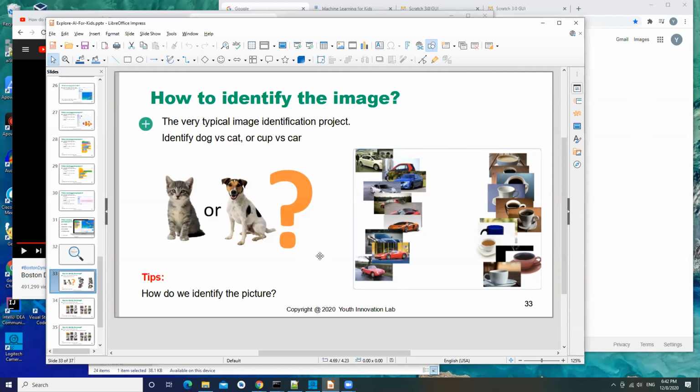So it's really something very fundamental. It's not really some magic for us because we humans were trained to identify images since we were really young, like a baby. Do you think the baby knows who is the dog, who is the cat? I don't think so, right? So the mom or dad would tell the baby, oh, this is a cute cat. Okay, so the baby will try to remember, okay, this animal is really a cat because my mom or my dad told me.